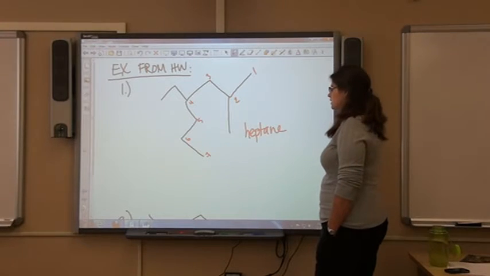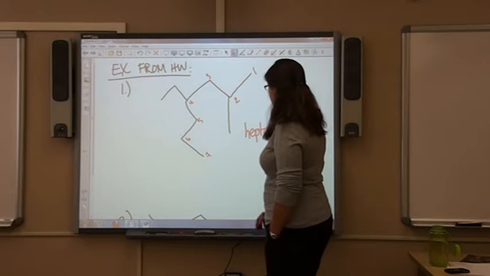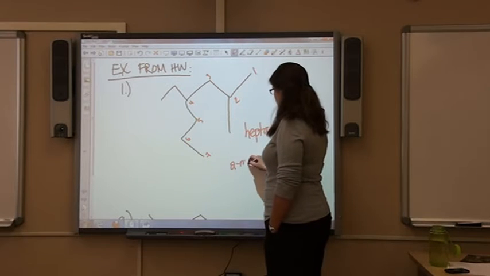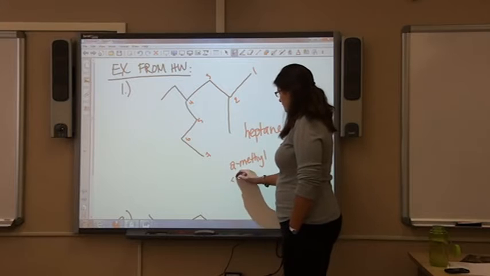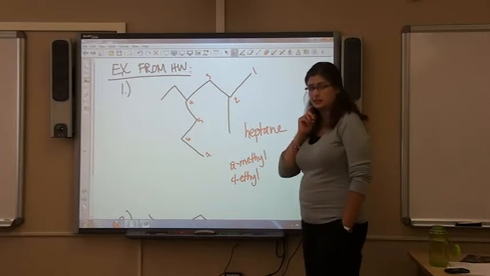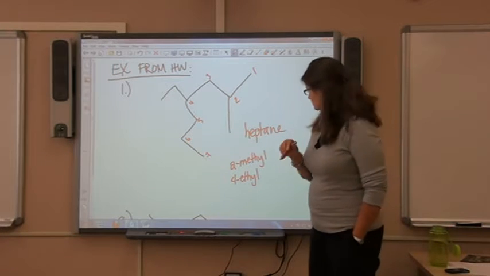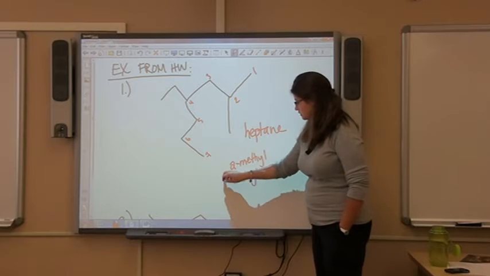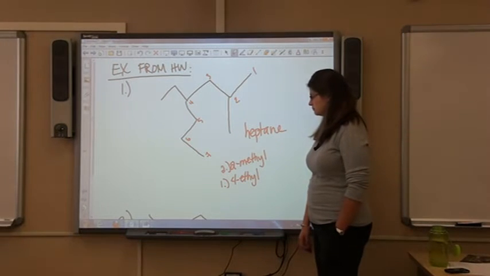Okay. So now we need to name and number our substituents. Firstly, we have a 2-methyl. That's this thing. And then we have a 4-ethyl. That's step 3. Step 4 is to alphabetize those substituents. So I know that this one has to come first, and then the 2-methyl.